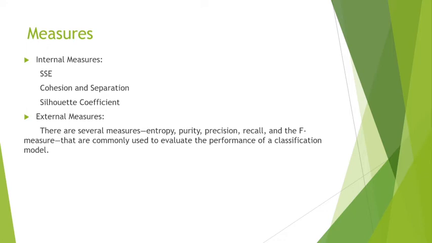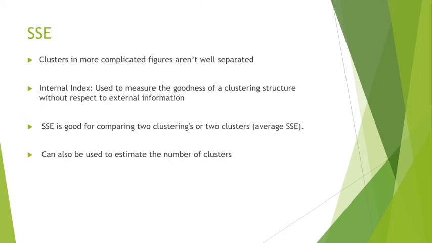And the other method of measure that we use for cluster validity is external measures. There are several measures like entropy, purity, precision, which are commonly used to evaluate the performance of a classification model. But in these slides, I'll be discussing entropy and purity. Let's move to the next slide.